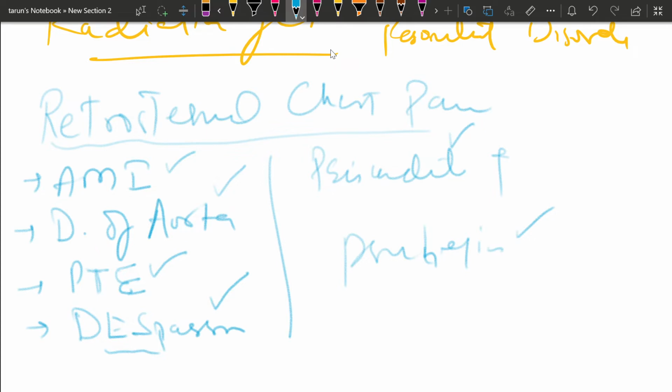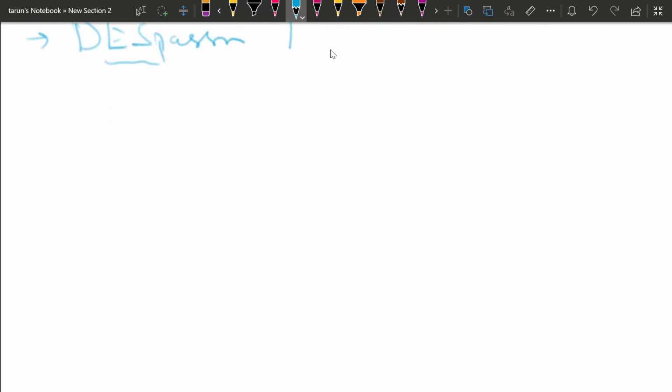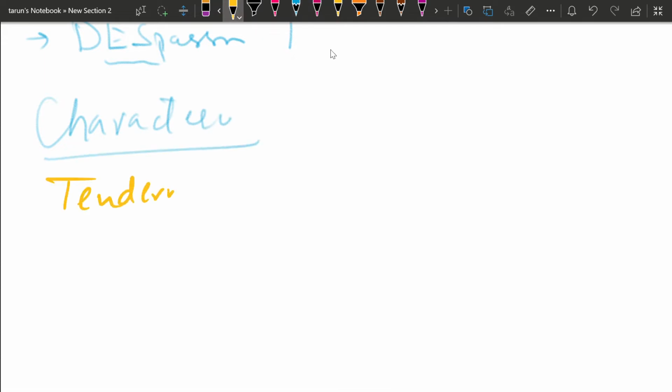Then on the history, we have to note down the character. What is the character of the chest pain? If we are getting chest pain with tenderness, you find it in dry pleurisy.